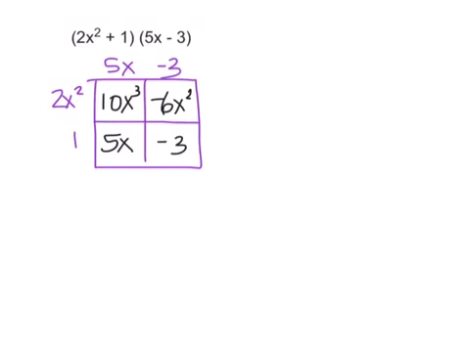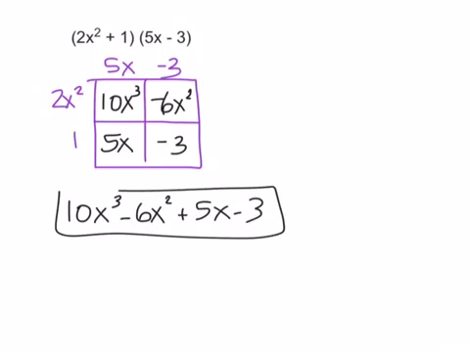None of these 4 are like terms. So when we're done with this expression, we will have 4 terms, none of which can be combined. So we just write them out: 10x to the third minus 6x squared plus 5x minus 3.